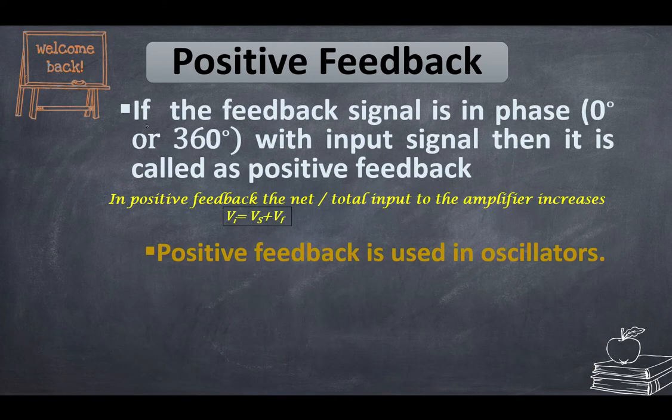Positive feedback means if the feedback signal is in phase, means 0 degree or 360 degree with input signal, then it is called as positive feedback. I'll just write a simple diagram here. This is the basic amplifier circuit, and this is the output voltage.